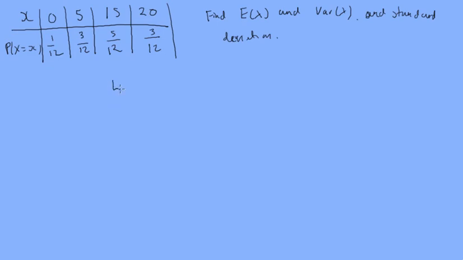So remember, our expectation is the sum of xp. Our variance is the sum of x squared p minus our expectation squared, and the standard deviation is the square root of the variance. So let's chug away at our numbers.